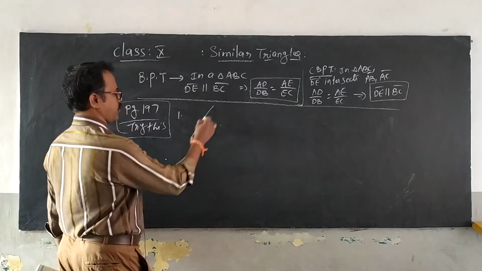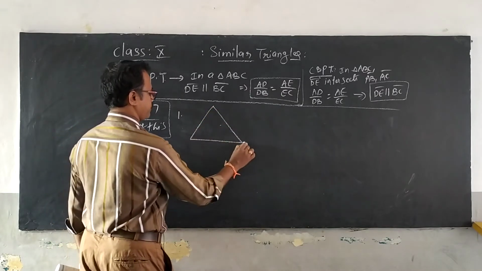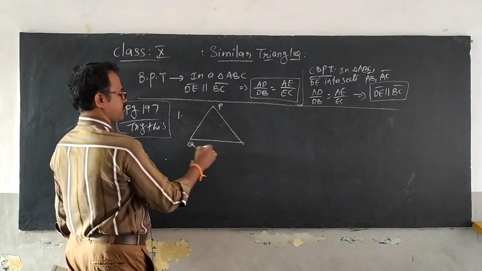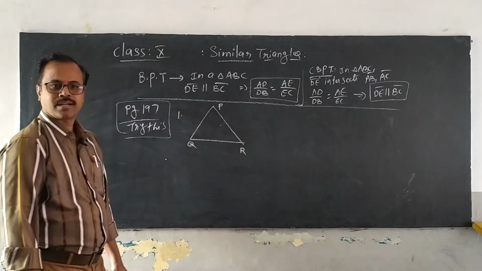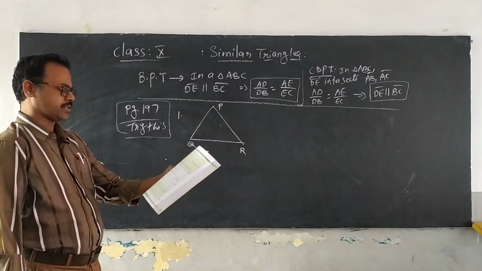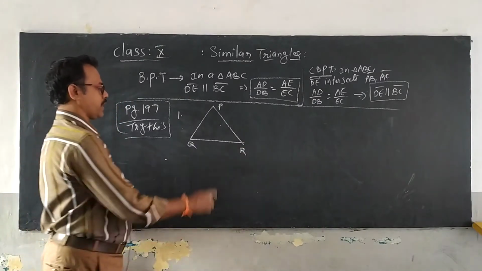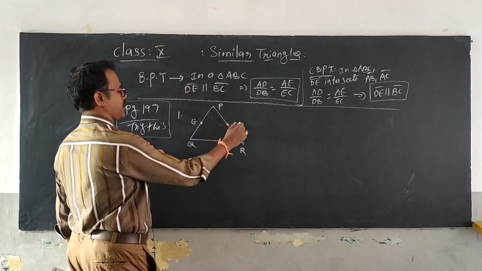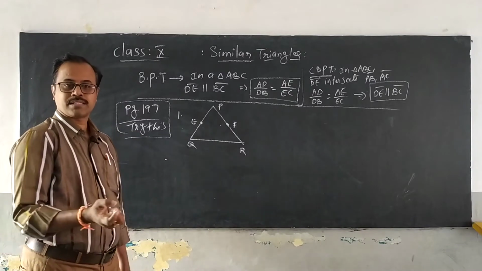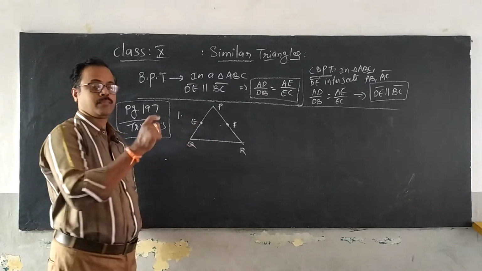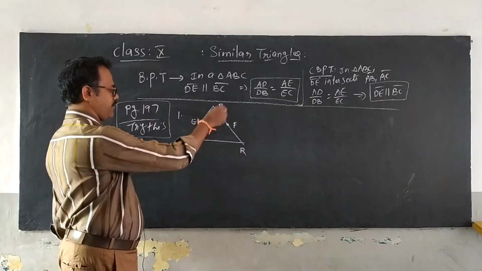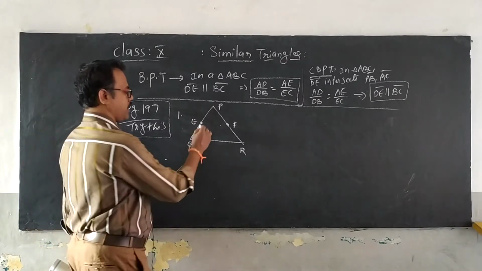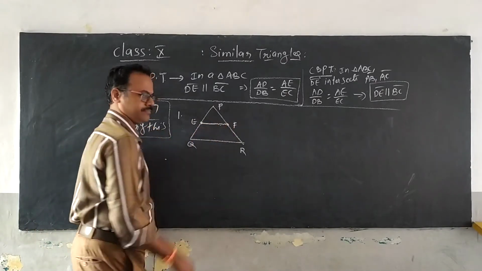So they asked us to draw a triangle PQR, with E and F as points on PQ and PR. Here I place a point E and here I place a point F. It is not necessary that the points E and F be the midpoints; you can place the points anywhere. Now I join E and F.